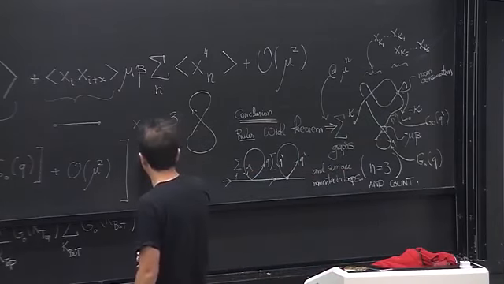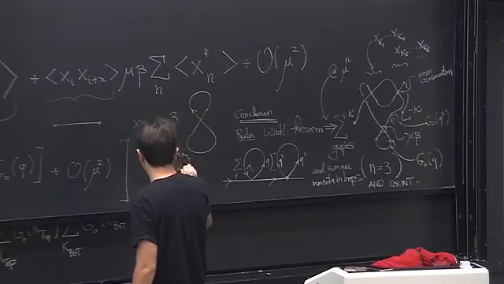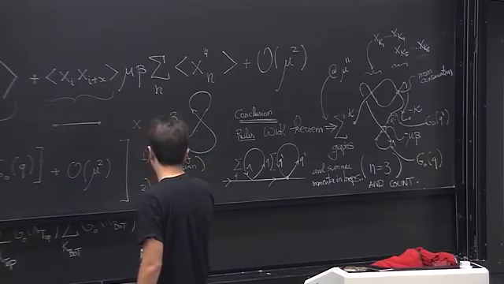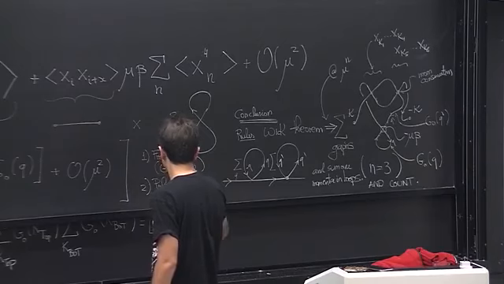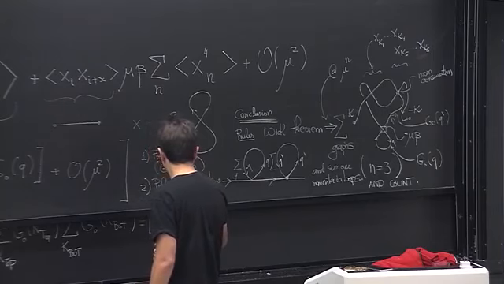What was crucial here is, one, to have a free theory to start with, a free theory that is a Gaussian theory, and then to have polynomial perturbations. Right? So for us, we had x to the 4, so we had a cross.